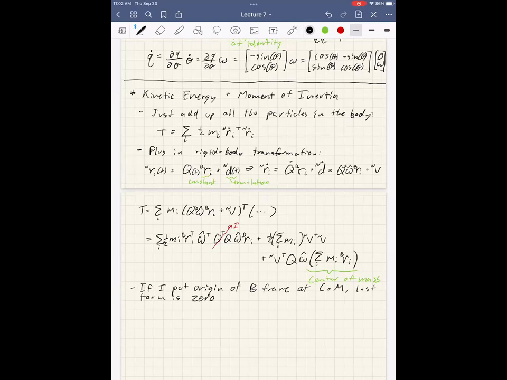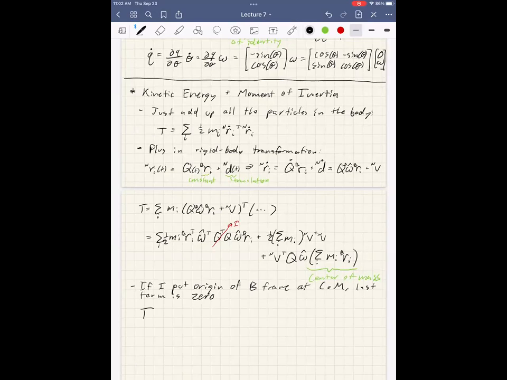What I'm left with is T equals 1/2 m, which is the total mass, V transpose V, which is exactly the same as a point mass. This is just the point mass term. And I get a new term compared to the point mass that looks like 1/2 sum over i, m_i, r_i in the B frame, omega hat transpose omega hat r_i.